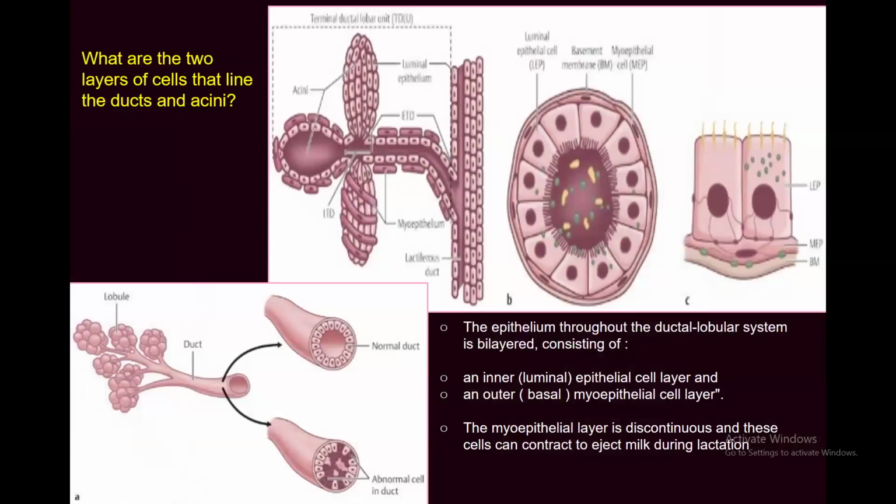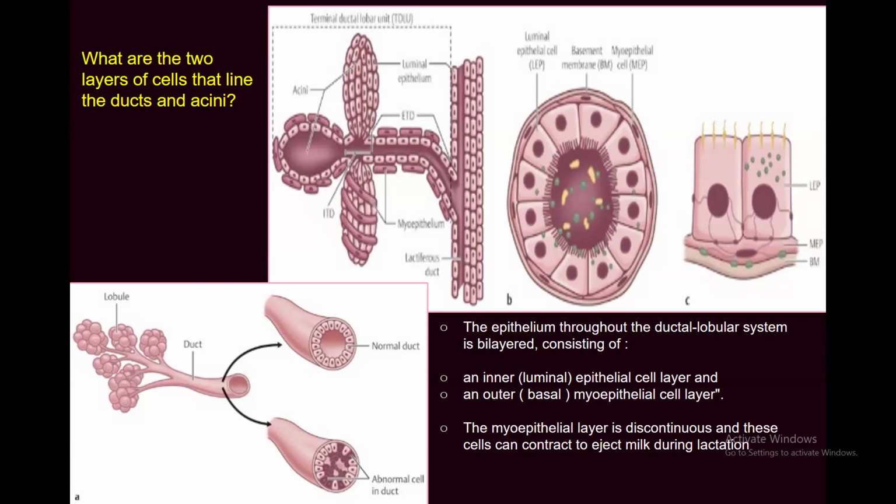Going further to see what is inside the ducts and the lobule. As you know, the ductolobular system is bilayered. It consists of two layers.